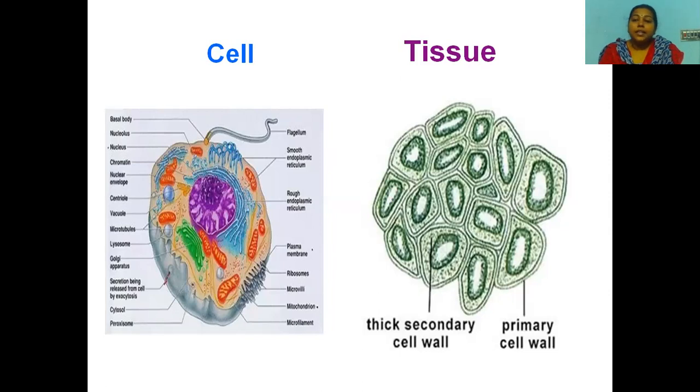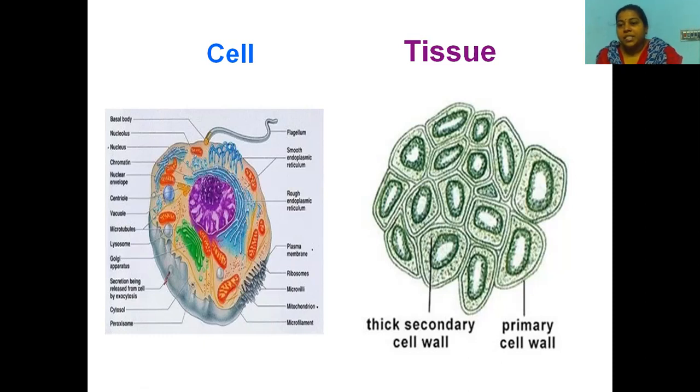Tissue means, children, that which brings about division of labor. As we are discussing the multicellular, here we have so many cells in our body, some millions of cells. So there we can see the work distribution among the cells, like sharing of the work.